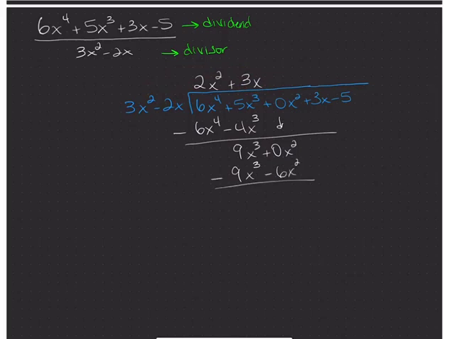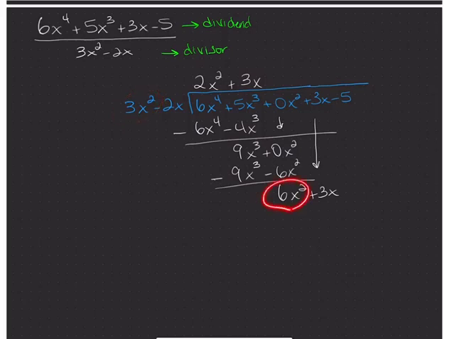What am I going to do? I'm going to subtract these. So now I have 0 minus a negative 6, because these are going to cancel. So then now I have 0 minus negative 6, which is going to be a positive 6x squared. Drop down my 3x.